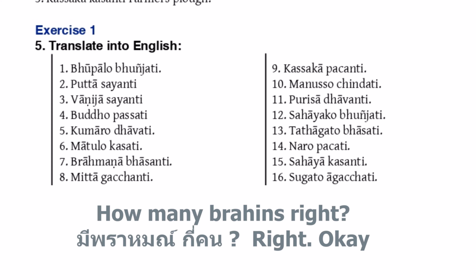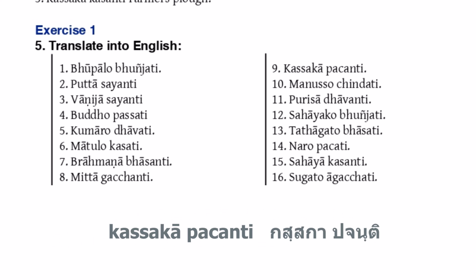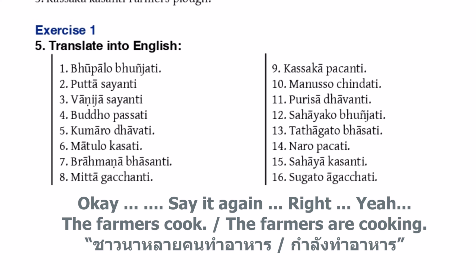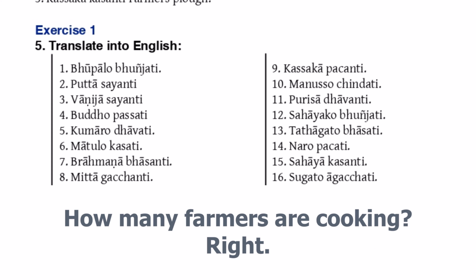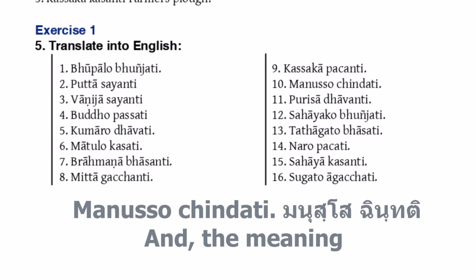Right. Okay. Mitta gacchanti. Meaning the friends are going. Right, the friends are going. Kasaka pacanti. And the meaning? Yeah, the farmers cook, or the farmers are cooking. How many farmers are cooking? Right.